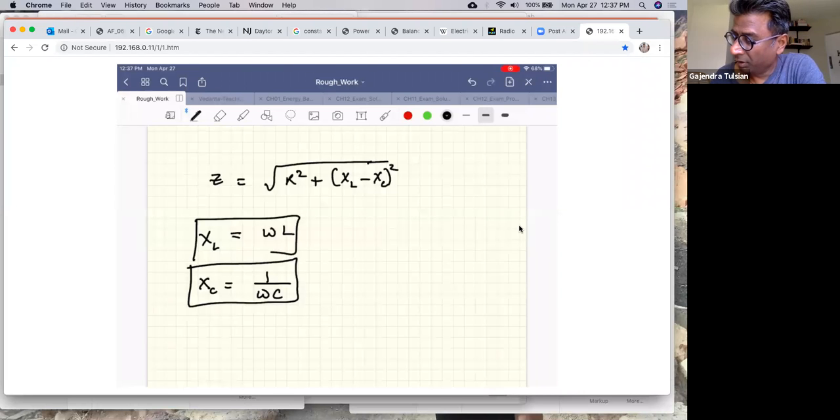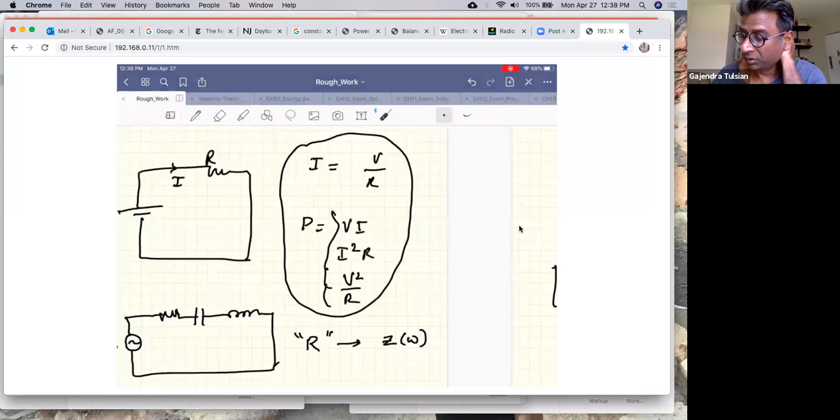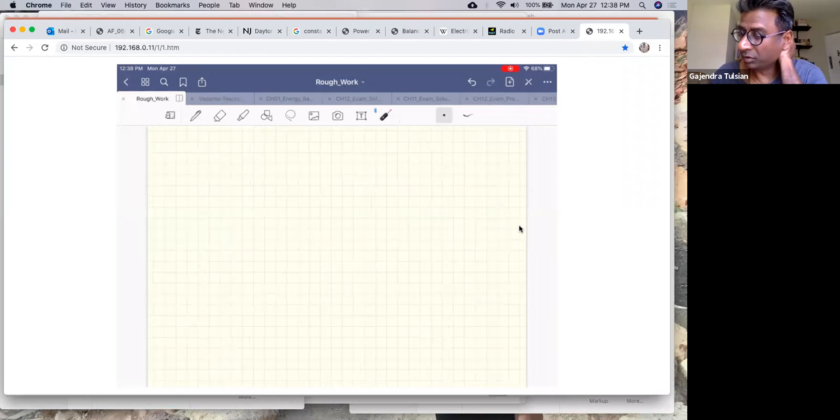Okay. So again, we'll look at circuits with AC sources in them. We'll generalize the term. We'll see how to calculate the resistance of this circuit, which is called the impedance. Okay. And again, this is the most complicated circuit we'll consider. So for instance, you could connect those guys like so.